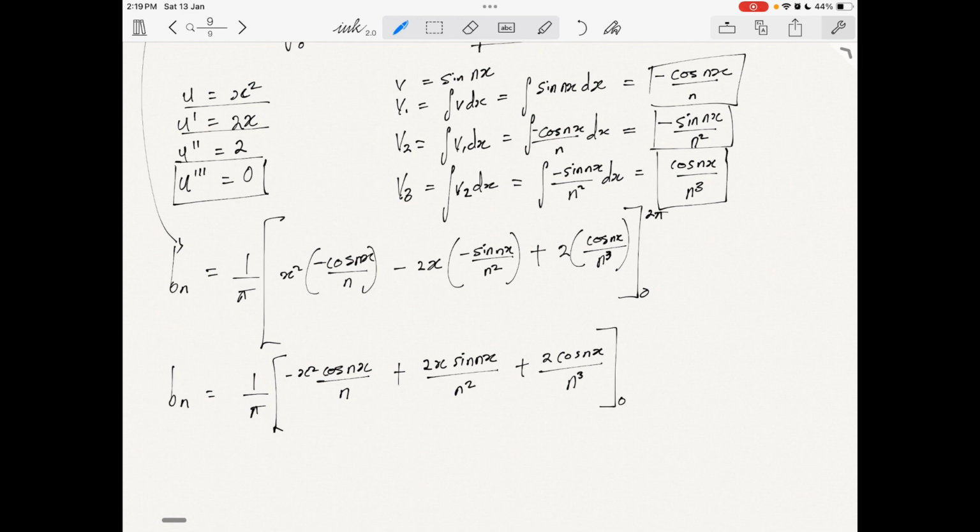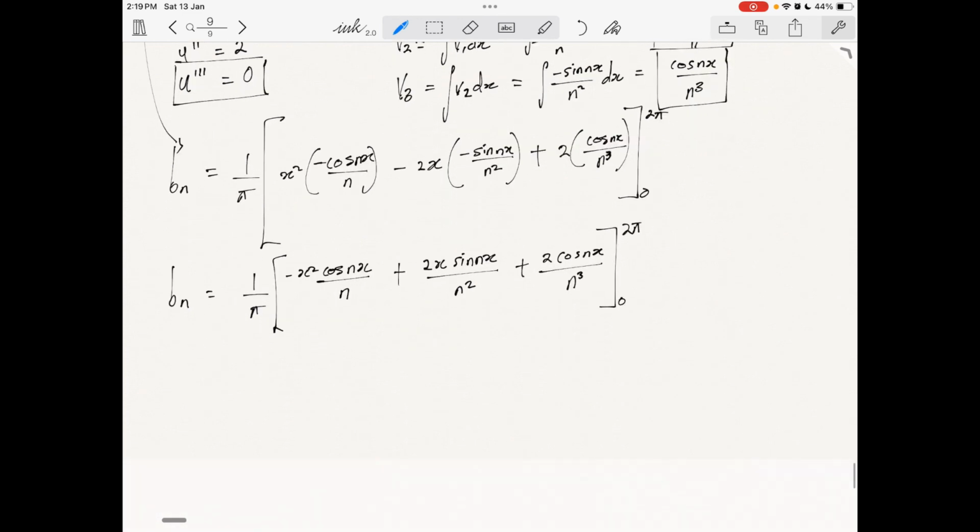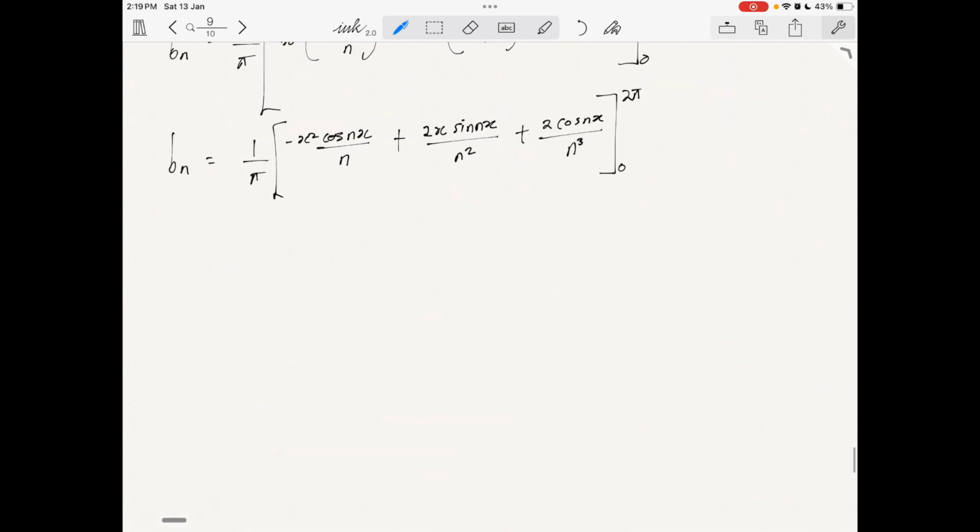From the limit of 0 to 2 pi. The next thing we have to do is to input our upper limit and subtract the lower limit from it.